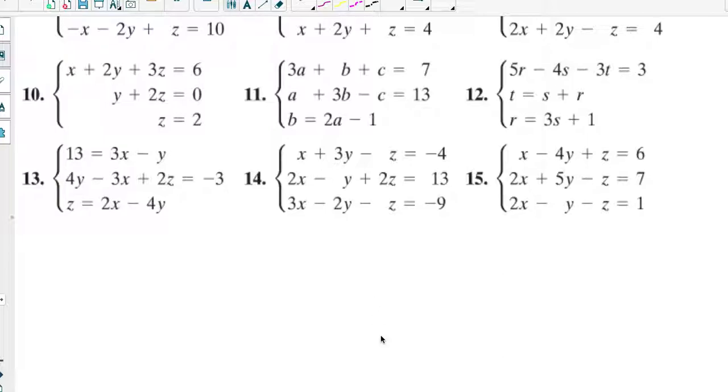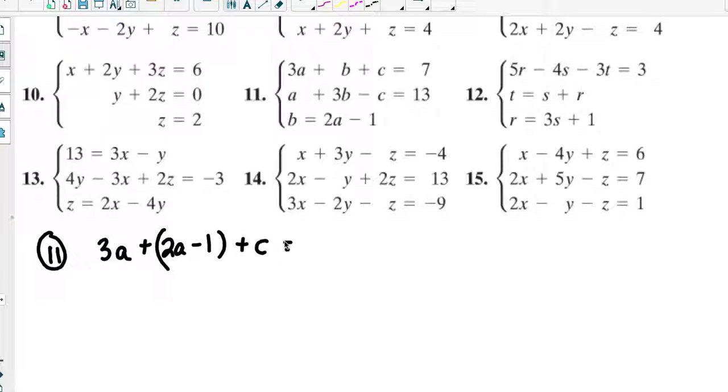Number 11, I would take this expression for b and plug it into equations 1 and 2. So for number 11, I'm going to put expression 3 with the value for b into that first one. So you have 3a plus (2a minus 1) plus c equals 7. The parentheses really don't matter since we're adding, but it's a good idea to do it just in case.